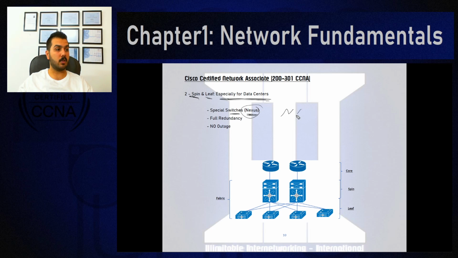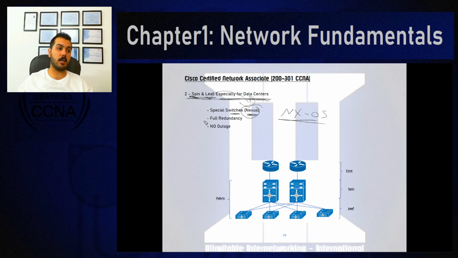It uses a special version of the operating system, unlike the normal operating system that we are about to talk about at the end of this chapter. The Nexus switches are very expensive, powerful and fast switches produced by Cisco and are used mostly, maybe all of the time, inside a data center. So you can apply the spine and leaf topology design upon Nexus switches inside a data center.